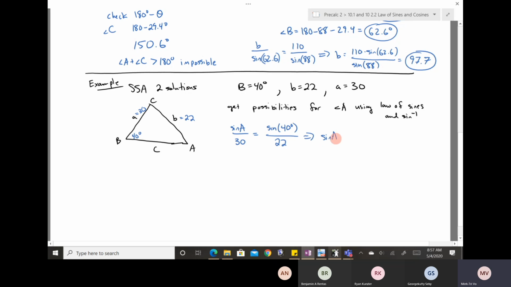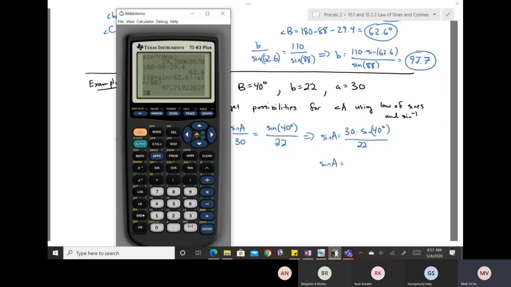And so sine A is equal to 30 times sine 40 degrees over 22. And then I get 0.87653.